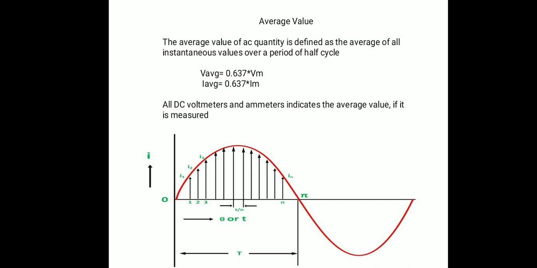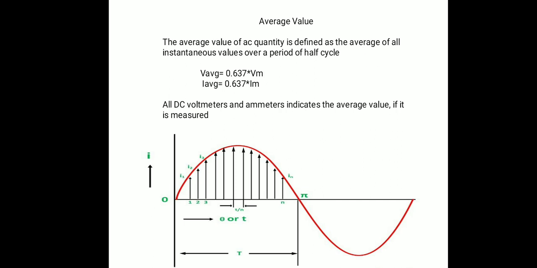For I1 there is the same value of minus I1 on the negative half cycle, and for I2 there is minus I2. So if you sum the same amount of positive and negative values, it gives us zero.